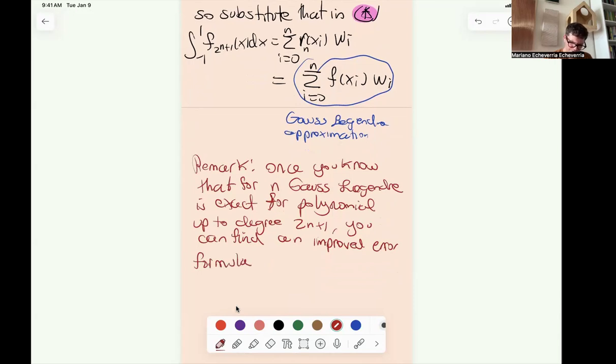For Gauss Legendre, I'm not going to get into the error terms, but I will at least write it down.